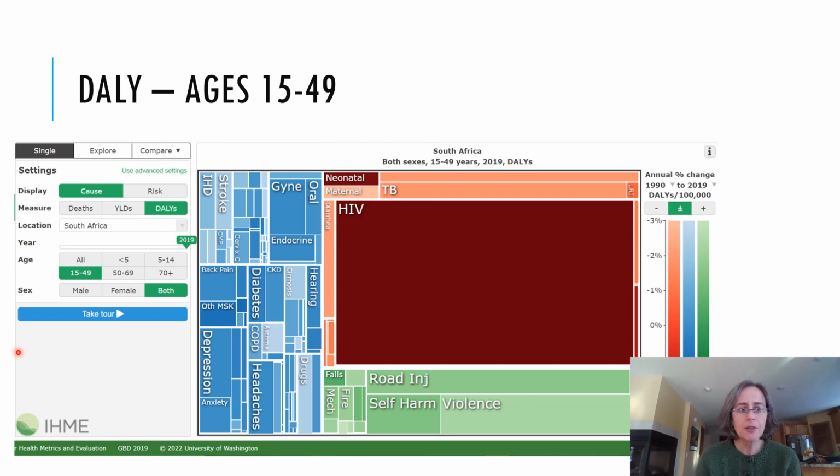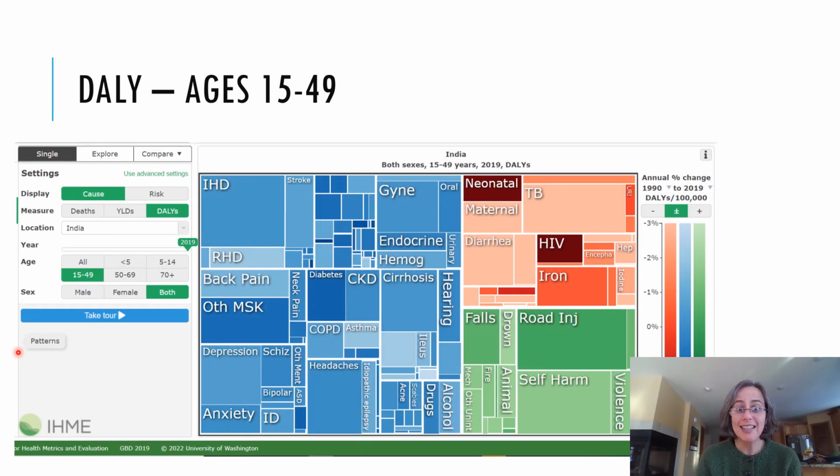We can look at another country too. Let's look at India. So India has a very different pattern as well. We don't see drugs on here at all. Well, actually we do. It's just really, really tiny, right? So the bigger ones here are road injuries. And so when you think about if you've ever traveled to India or you know anyone who has, their traffic laws and traffic patterns are very different than what we see here in the United States, and they're really dangerous.